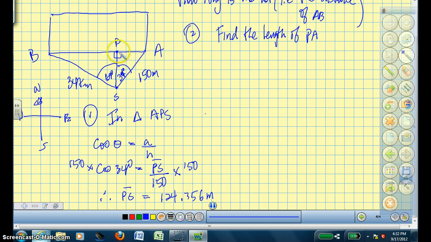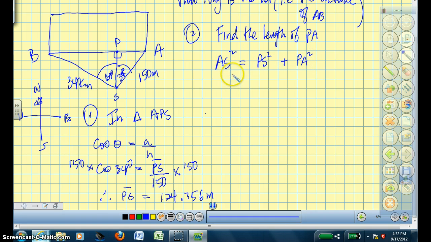I'm only finding a partial distance of this whole lot. We can use the Pythagorean theorem now. So AS squared is equal to the length of PS squared plus the length of PA squared.